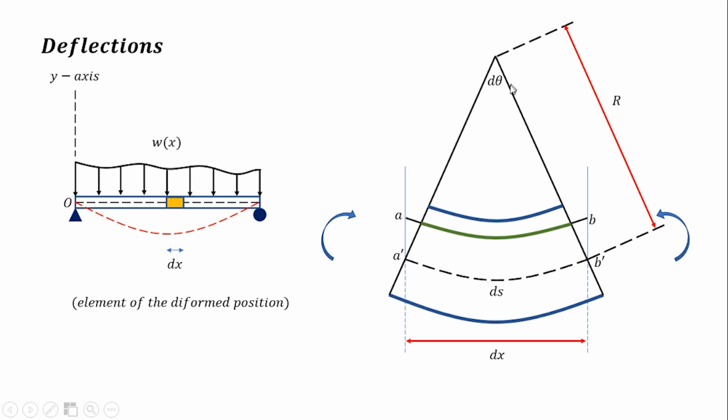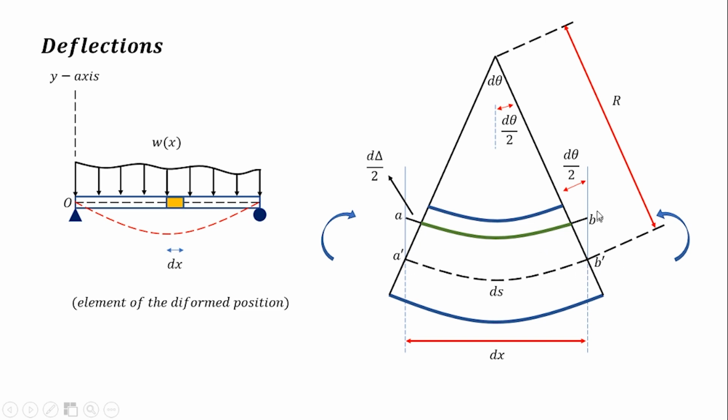So if this is differential theta, kalahati niyan syempre is differential theta over 2. So using alternating angles, we can say that this angle din, from this point na neutral axis natin and this radius na line, is also differential theta over 2, kasi nga that is alternating angles.